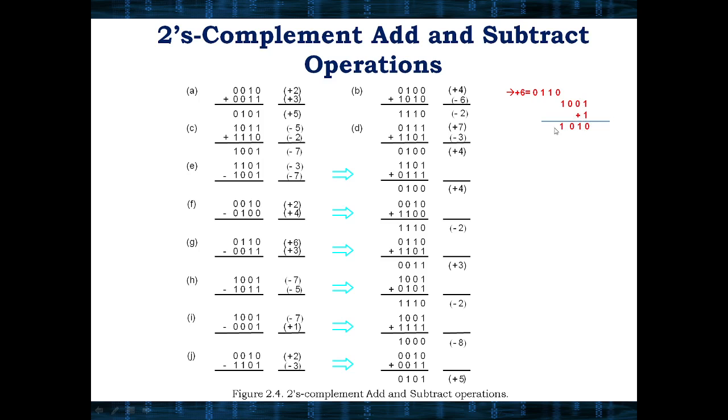This becomes your 2's complement form for minus 6. Then add to plus 4, and whatever you get is minus 2. So this becomes minus 2 in 2's complement form.